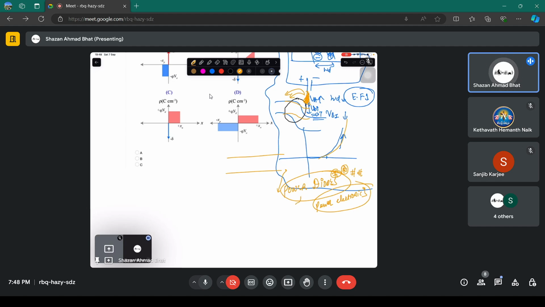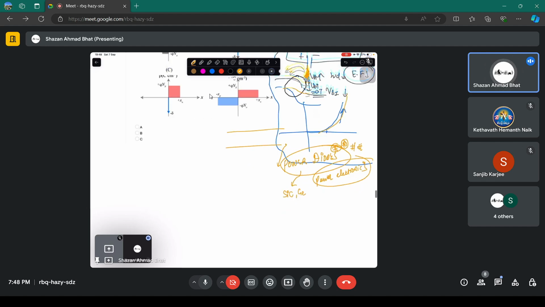और ये power electronics में use होता है, made up of maybe silicon carbide or germanium, something they use.